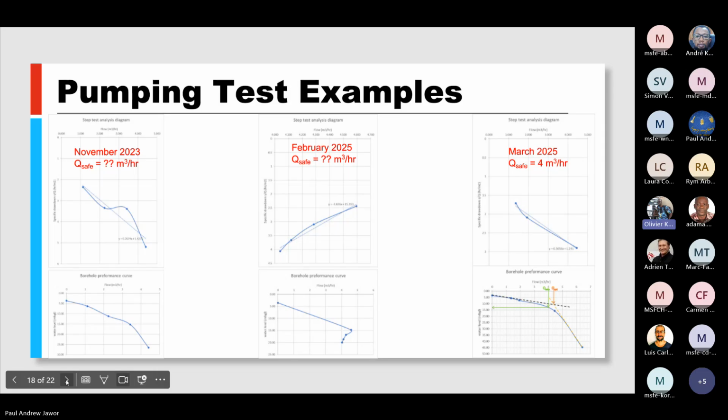Maybe some values were not collected. Maybe there was a very slight problem with the pump, or with adjusting the valves and so on. And then this is the Q safe here, the safe yield, the safe pumping rate, which after the step drawdown pump test we can consider as the exploitation yield of this borehole.